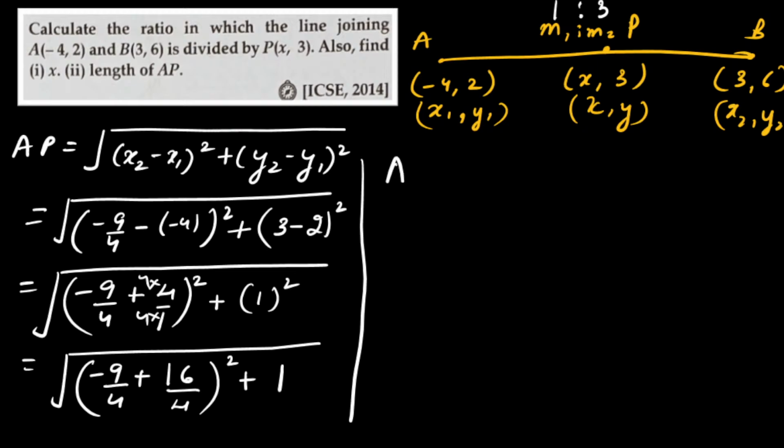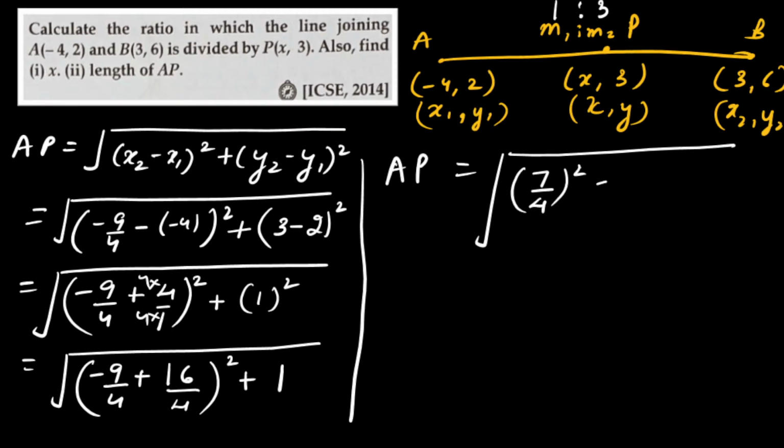Now AP is equal to the square root. Don't forget the square root, so every calculation is under the root. So 16 minus 9, what's 16 minus 9? It is 7. So (7/4) whole square plus 1.